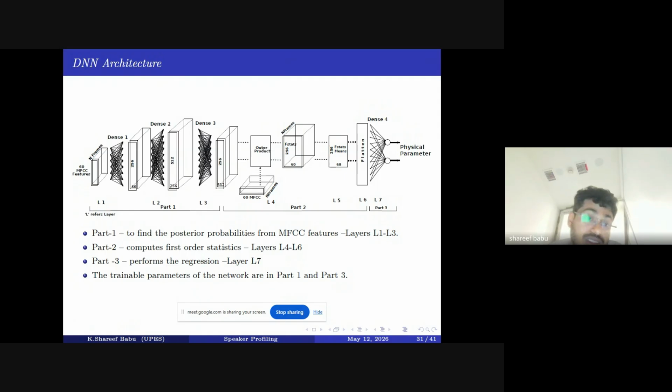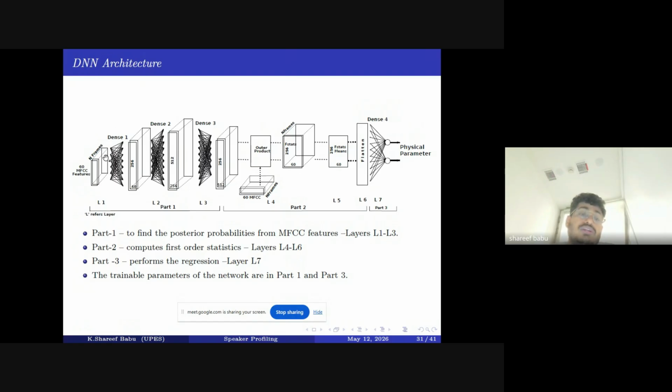Instead of doing that first order statistics training separately, we tried to do this representation using the neural network architecture. For that, we feed the MFCC features from the input layer, and here we initialize this layer with the means of the trained model from the GMM UBM.